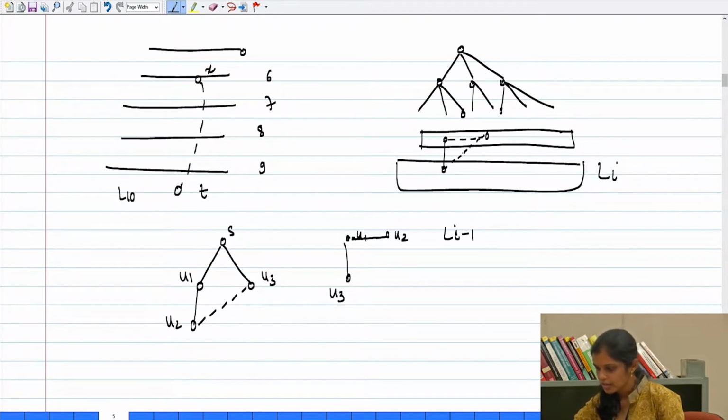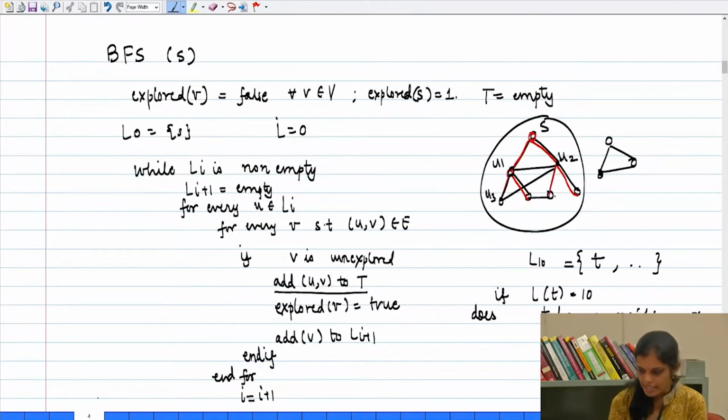Okay, good. We have in fact proved this observation also, because we said that if a non-tree edge crosses such layers, then our BFS exploration is incorrect, which cannot happen during our BFS exploration. Good. So now coming back, why did I ask this question?